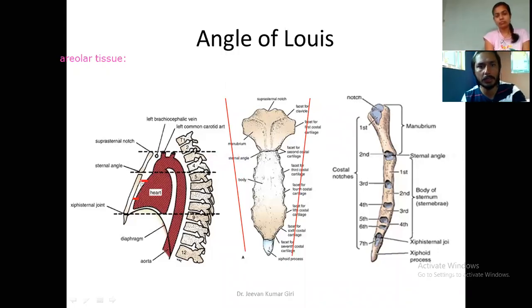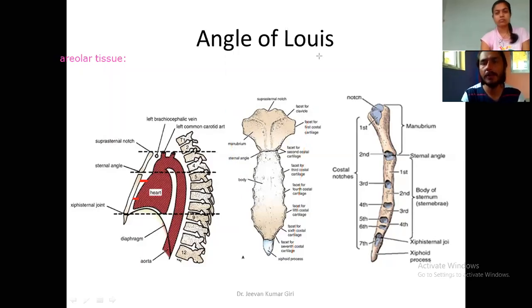On either side of the sternum one vessel is there, but it is inside the thoracic cavity, not outside. So it will be in the anterior mediastinum also. They are branches of the right and left subclavian.